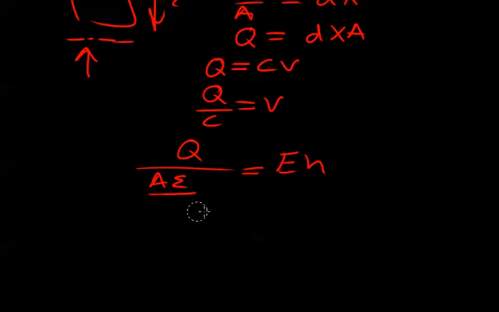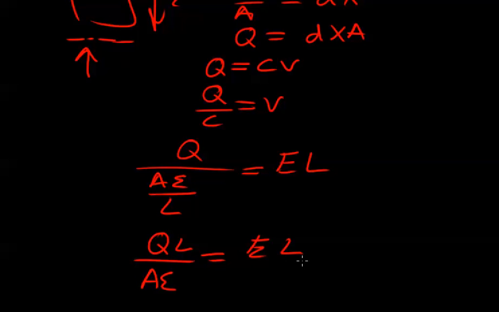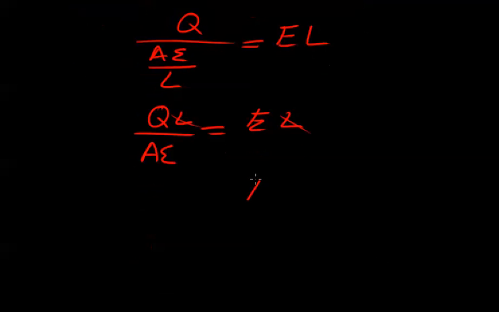The height is also the length, also the thickness. So basically, we have QL over AE equals EL. These L's cancel out. So the electric field is equal to Q over AE.